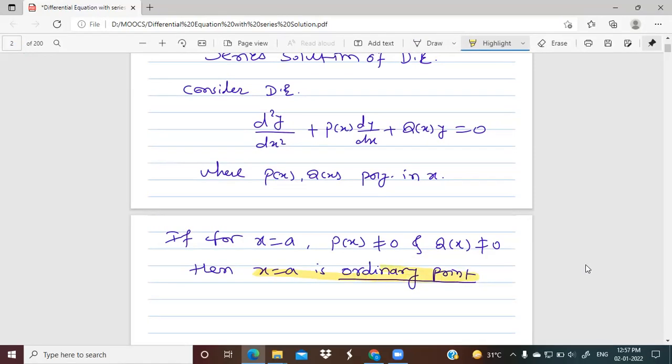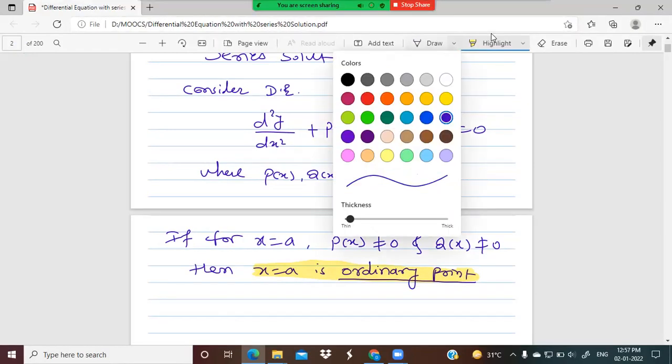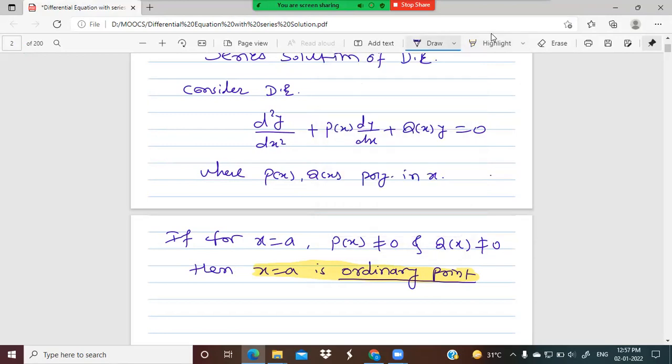When we say that this is an ordinary point, for any point you take, p of x and q of x should not be infinity. Infinity means a discontinuous point.